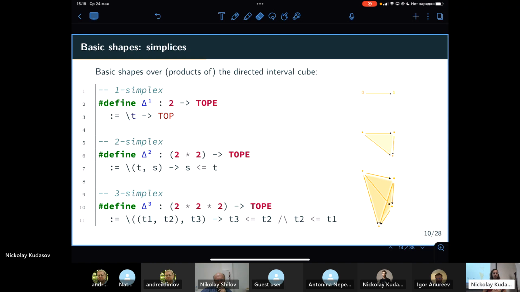But usually 3 dimensions is enough, so I will not need much more. So this is how you select a tetrahedron, and here's a corresponding picture. Just to be clear, this dimension corresponds to T1, this dimension corresponds to T2, and this dimension corresponds to T3. So here we have 0, 0, 0, and here we have 1, 1, 1.